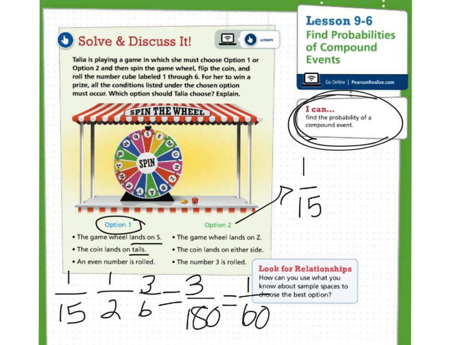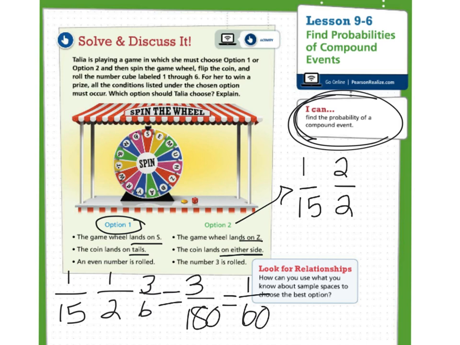So that's a 1 out of 15 chance of the wheel landing on Z. Then I look at the second thing, the coin, and it says the coin lands on either side. So in other words, it doesn't matter how I flip the coin, because if it's heads or tails, that's either side, then the outcome is favorable. So in this case, I have a 2 out of 2 chance of getting what I need for the coin.